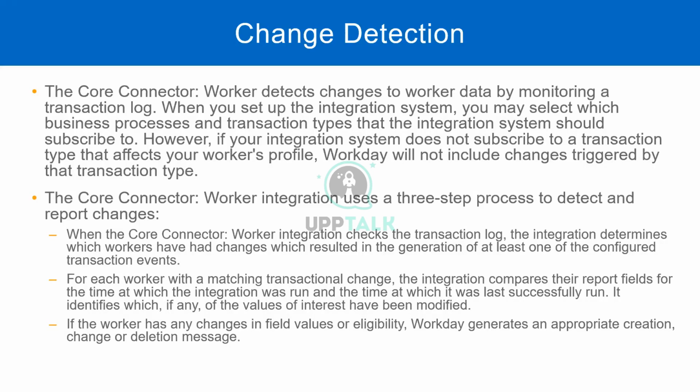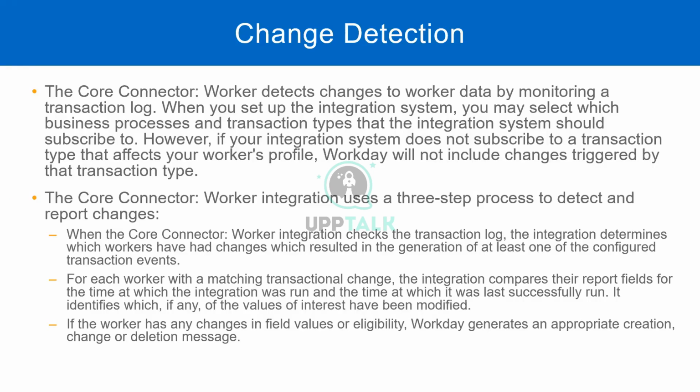So if, let's say, you have configured only the hire and terminate, and there is a contact information change for the worker, will the core connector consider that as a change?